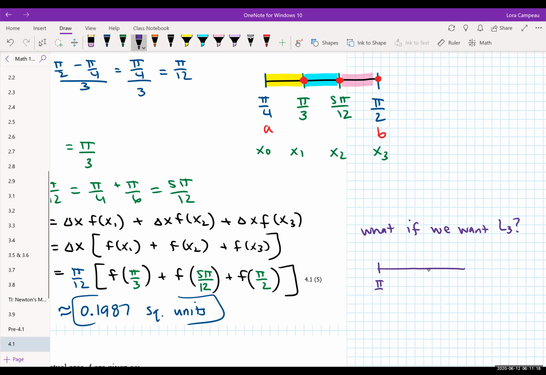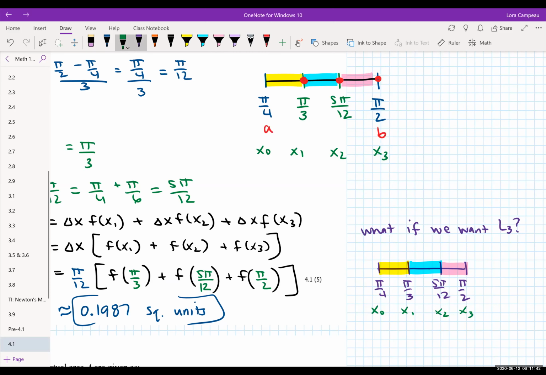What do you have? Pi over 4, pi over 2. And then you have your subdivisions, pi over 3, 5 pi over 12. And if you're looking at the subintervals that you're making, and then x0, x1, x2, x3.